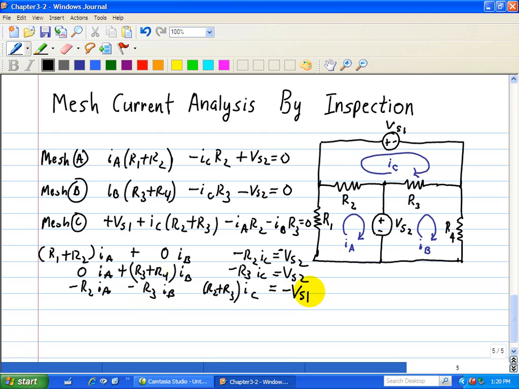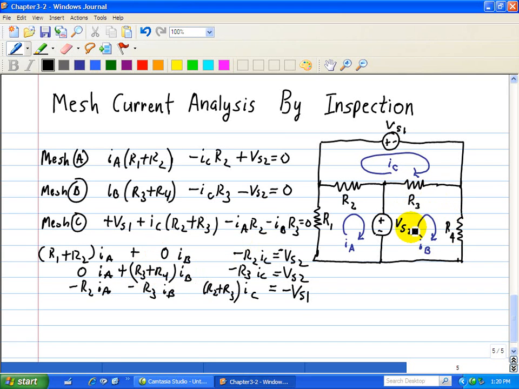So if you notice the pattern associated with this circuit, we start off with IA and we see what goes through IA, since we're dealing with IA. So we have resistors R1 and R2. What's common is IC for R2, so that must be a minus R2 IC. Then we look at IB, and we know it goes through R3 and R4.